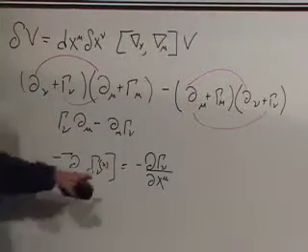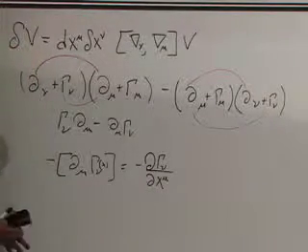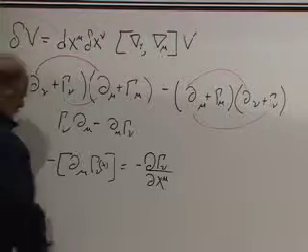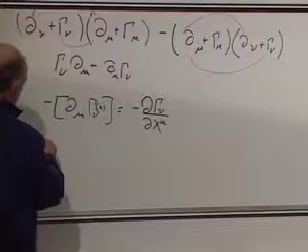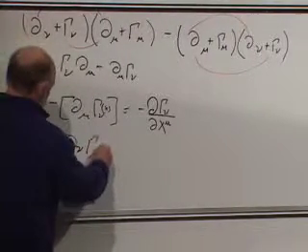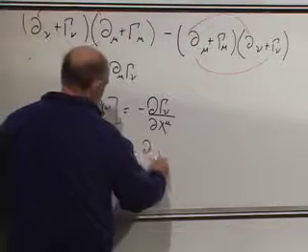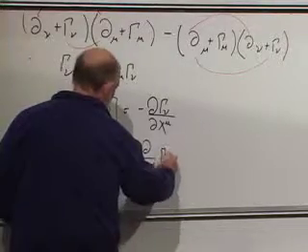There's another term in which mu and nu are interchanged, and it comes in with the opposite sign. That one is going to be plus d nu gamma mu.